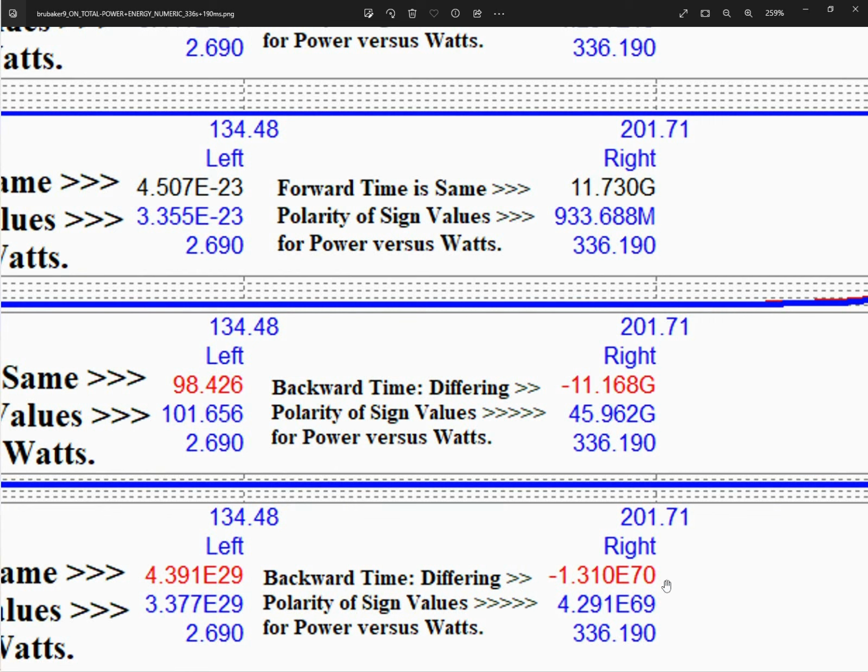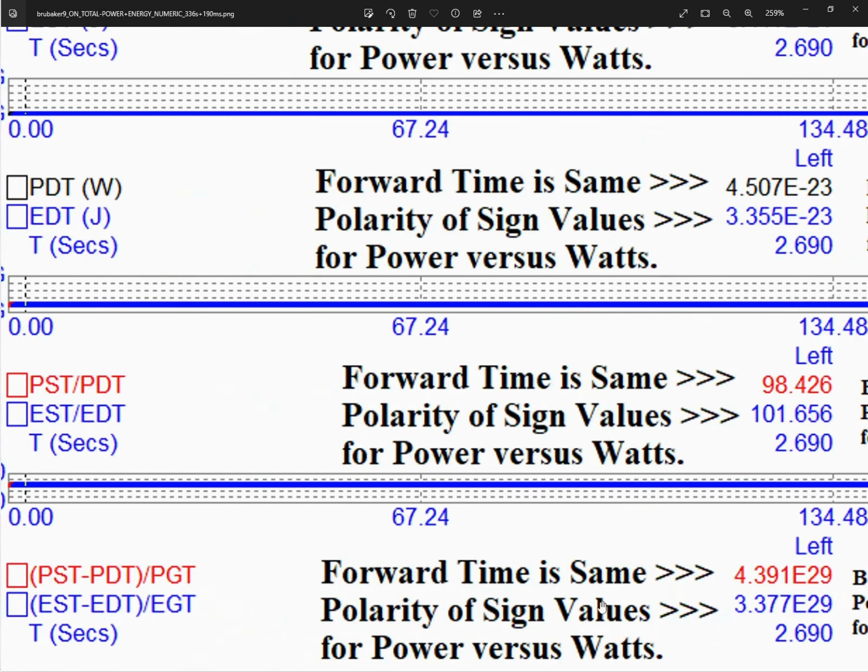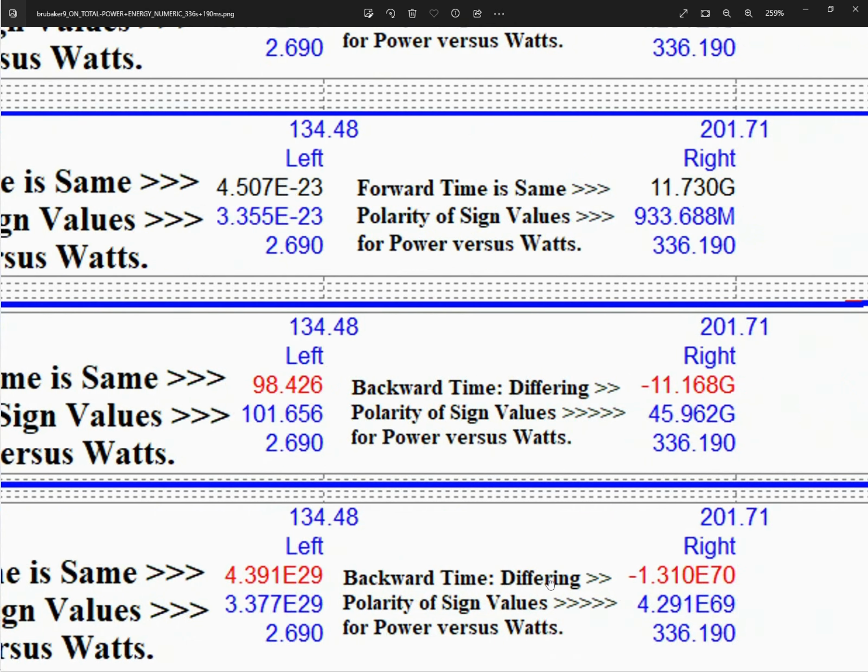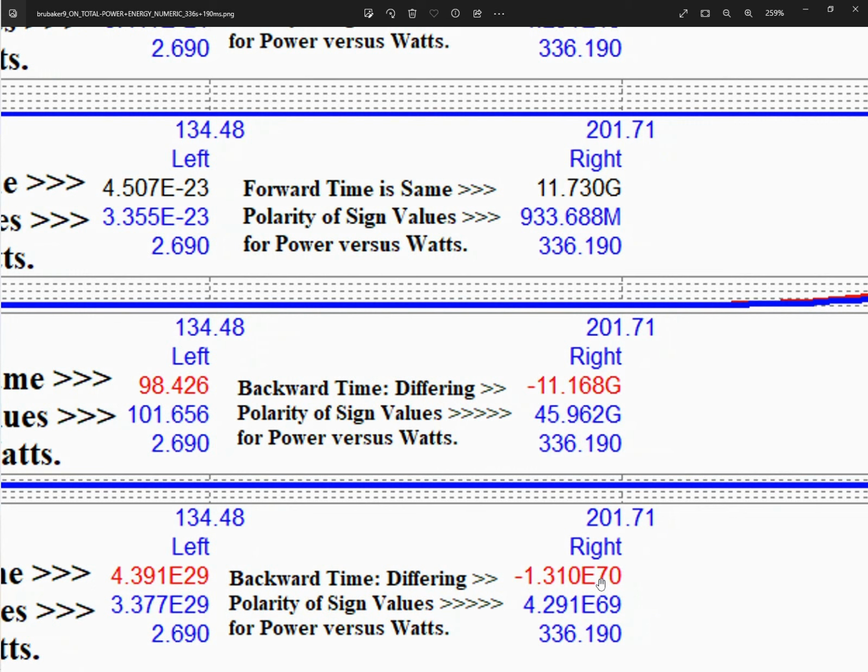Instead I get this humongous number for the total gain factor. This would be like the COP, right? So here I'm trying to find the coefficient of performance, and of course it's ridiculous. It's up there 10 to the 70 for power and 10 to the 69 for energy.